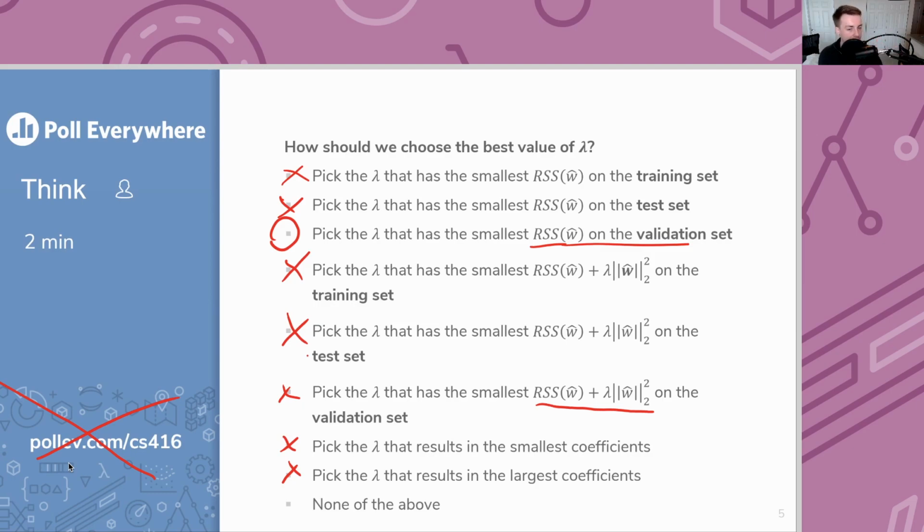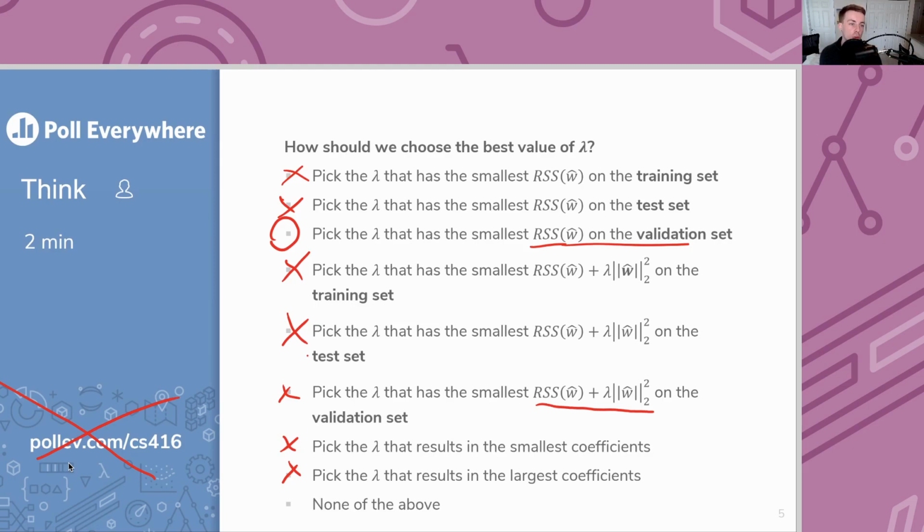Now, why is that? Why do we throw away the ridge penalty when choosing the right lambda? Note, the ridge penalty is all about the quality metric while training. It's a change to the quality metric to help us figure out which learned coefficients best optimize the quality metric.